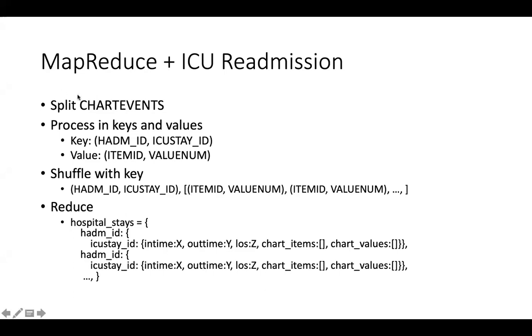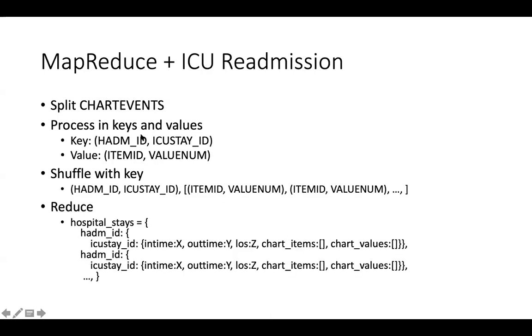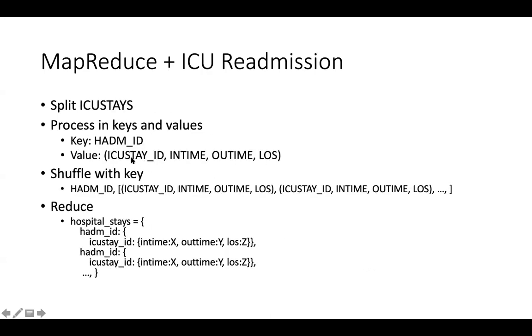In this case, we would split the chart events into several lines. The individual lines would be uploaded to individual nodes, and then again processing keys and values. So the key would be HADM ID and ICU stay ID. We need two keys in order to group them into individual ICU stays, because we need to later merge this information with this information, the item ID and value num, with this information.